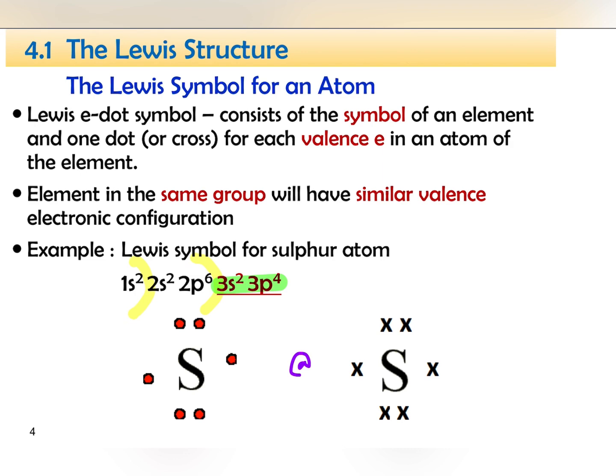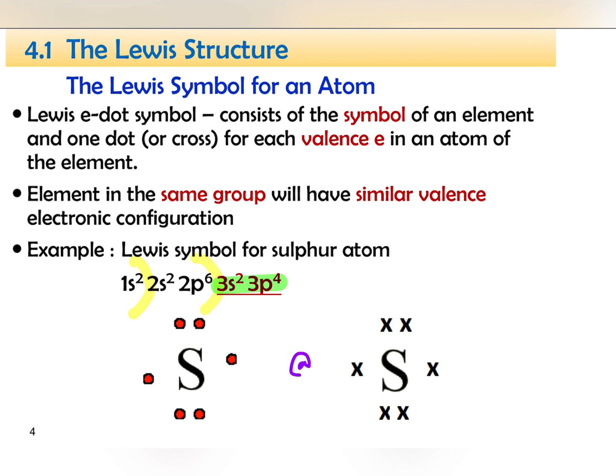Okay, so Lewis dot symbol, you can see here dia menggunakan dot tu sebagai representation of electron. So one dot, satu dot ataupun you can also use cross beginilah, either way, yang mana-mana yang kamu rasa senang untuk tulis.